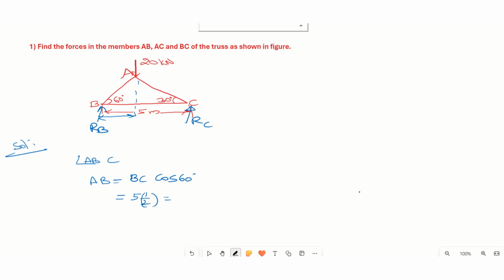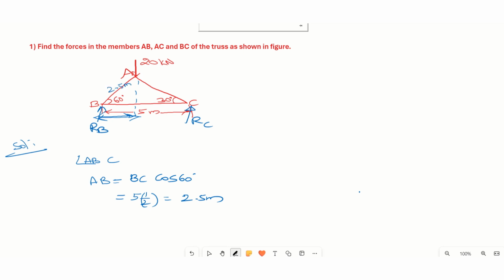Then we get AB equals 2.5 meters. Now calculate the distance of the line of action of the 20 kilonewtons from B. This is the line of action of the load at A, and we have to calculate the distance from B. Till now we know AB as 2.5 meters.